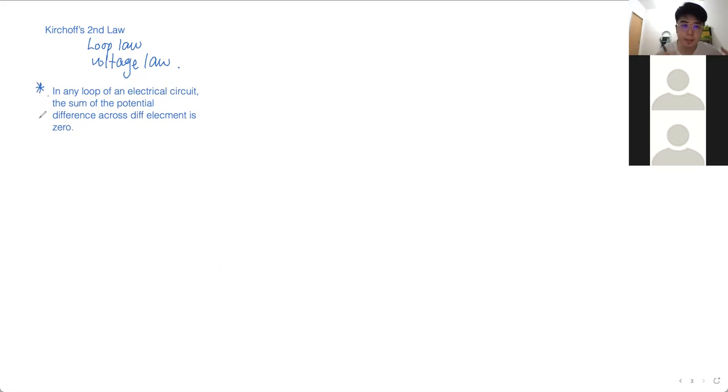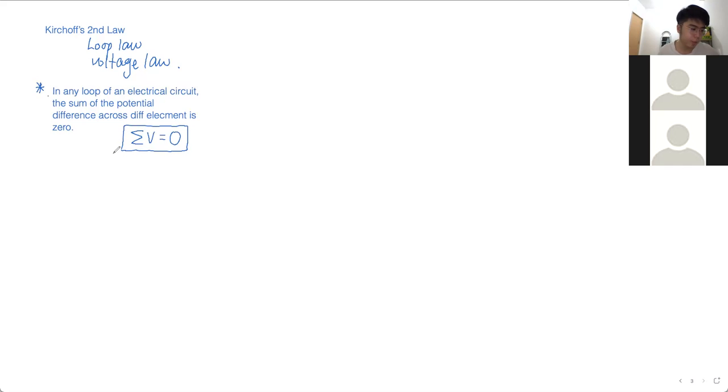What are the elements? It can be a resistor, it can be a bulb, a cell, anything. Okay, so here I can write the sum of V equals 0. Just now it was the sum of I equals 0, right? This is the sum of V equals 0.